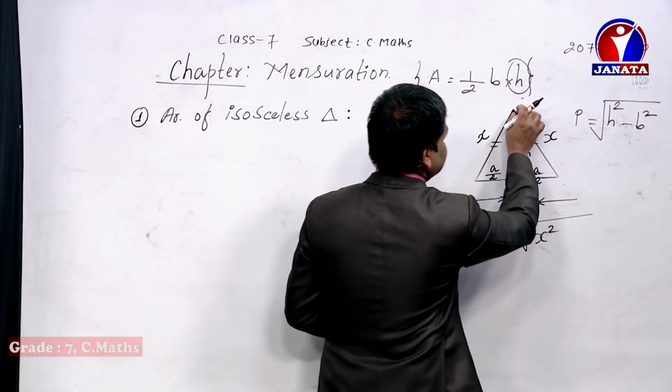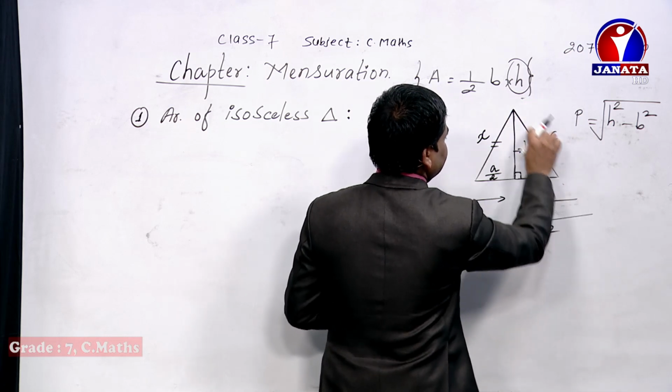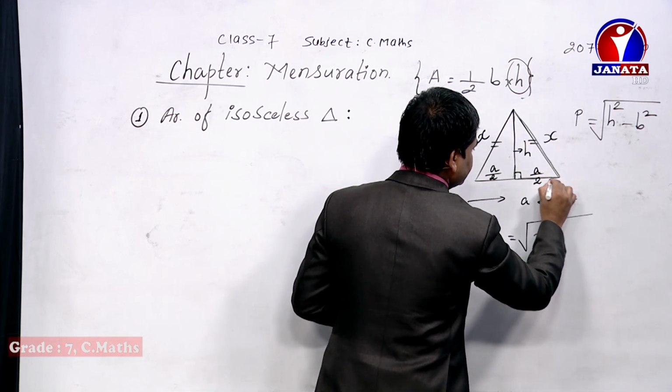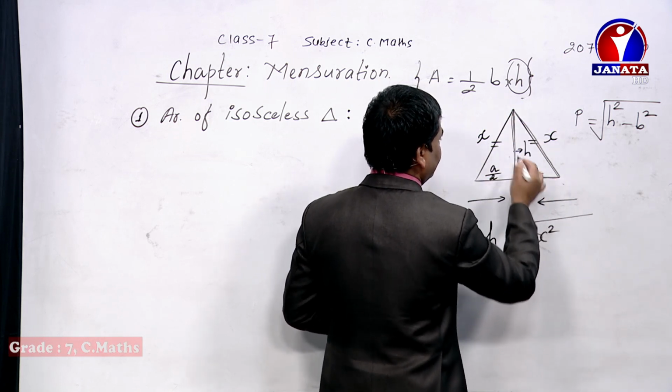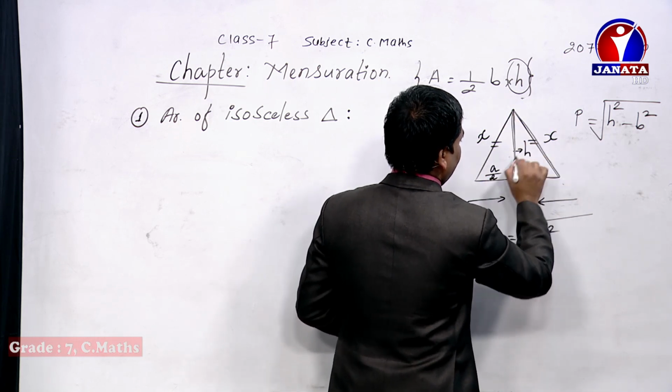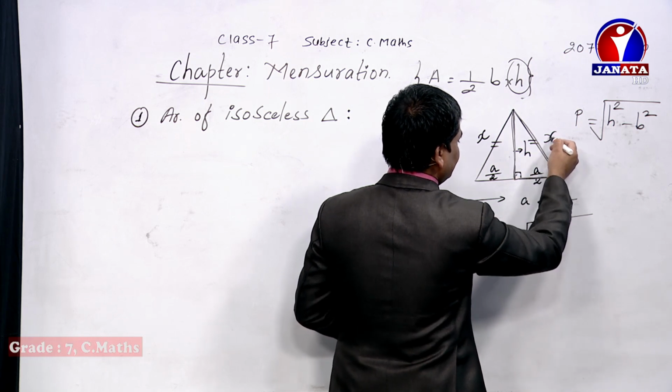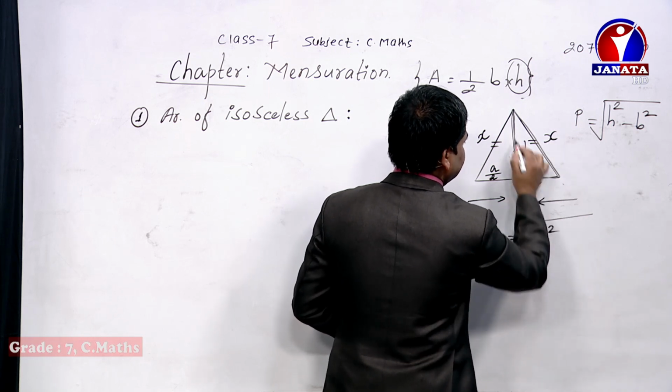We are going to take just this part of the whole isosceles triangle as a right angle triangle. Opposite to 90 degrees, this one is the hypotenuse, this one is the base and this one is the perpendicular.